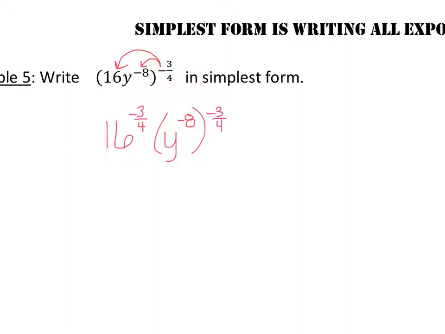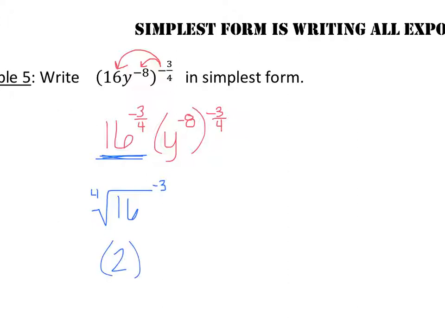Now what do you want to do? We're going to deal with just the 16 for a second. So that'll be 16, what's the index? 4, to the negative 3. What's the fourth root of 16? It's 2.